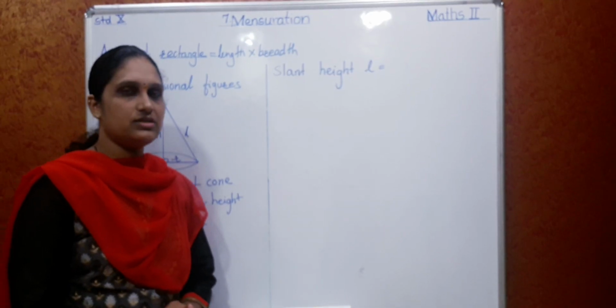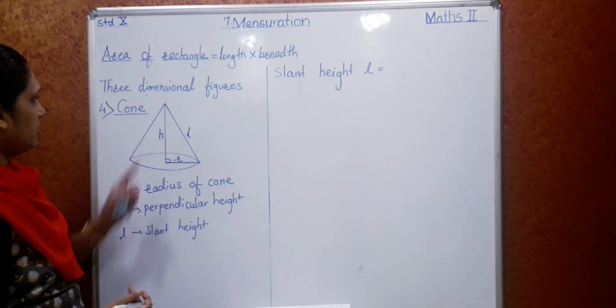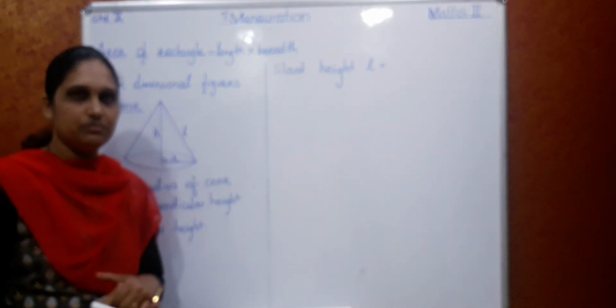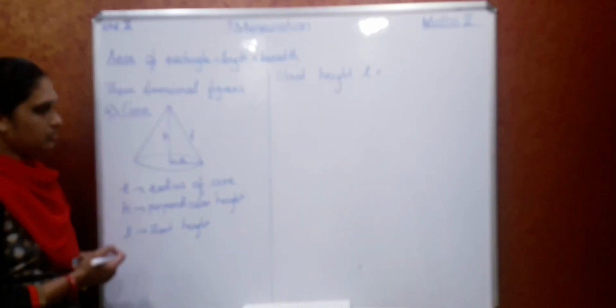Now students will see the next three-dimensional figure, which is cone. Now you must have known the birthday cap, which is what shape? A cone shape. Now in that cone, we have given names to the parts of this cone.